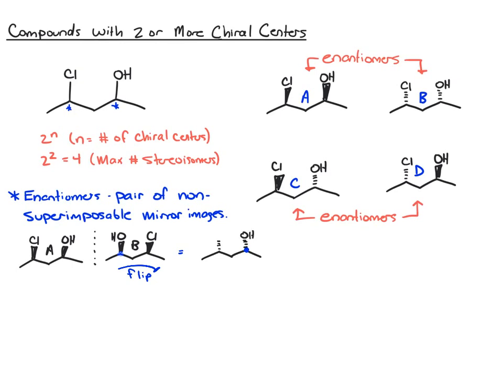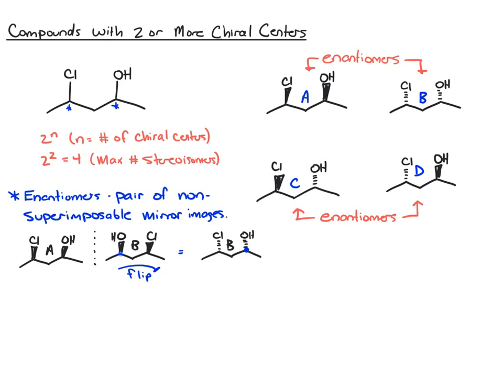Same thing with the chlorine, it comes over to the left side, but the flipping it over sends it to the back. So now it's very easy to see that this is compound B that we have up here. So you can get to an enantiomer by just inverting all the chiral centers or by drawing the mirror image.